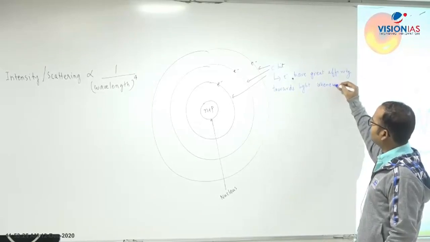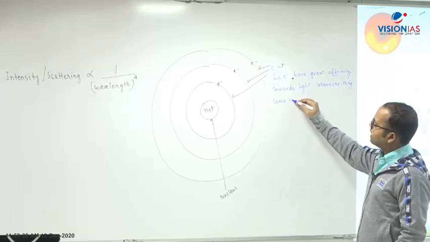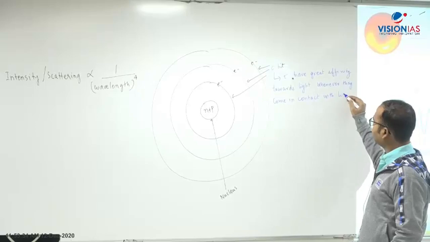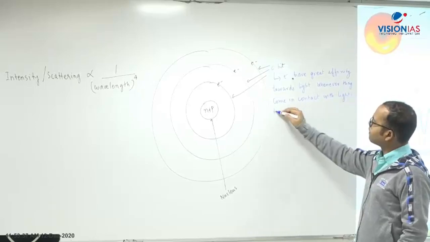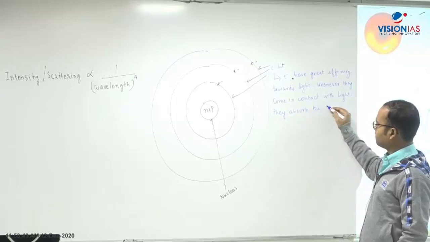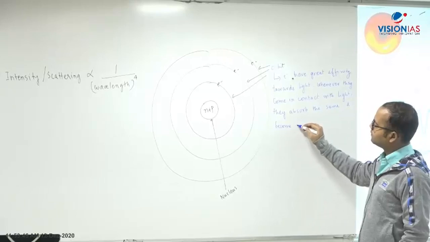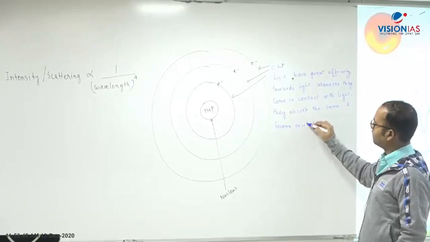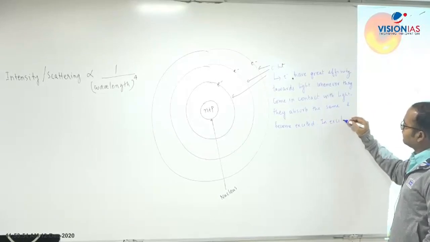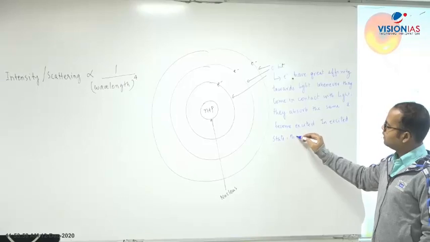Whenever they come in contact with light, they absorb it and become excited. Okay? In the excited state, they change their orbit.